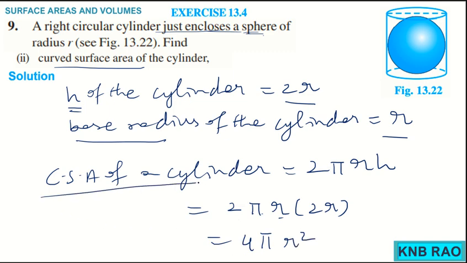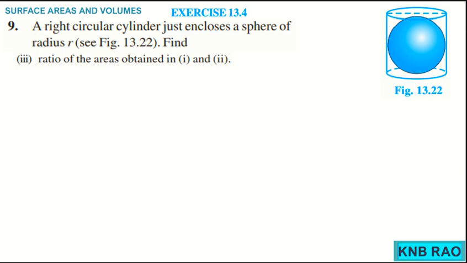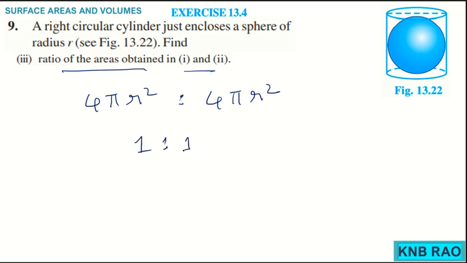So, the curved surface area of this cylinder is 4 pi r square. Okay. Now, the ratio of the 1 and 2 is 4 pi r square is to 4 pi r square. That means after cancellation we will get 1:1. That is it. So, this is the solution of the first one.